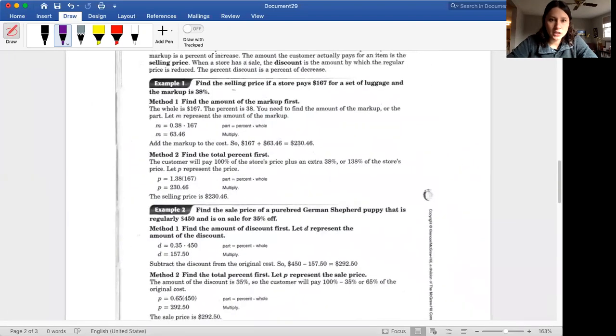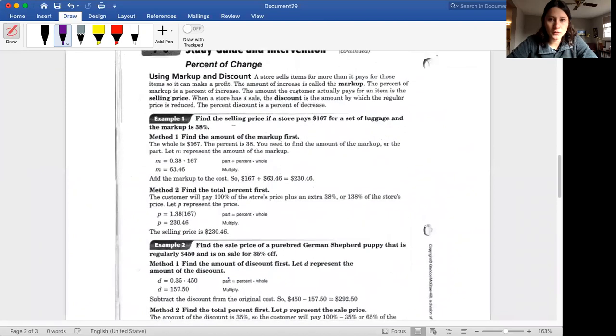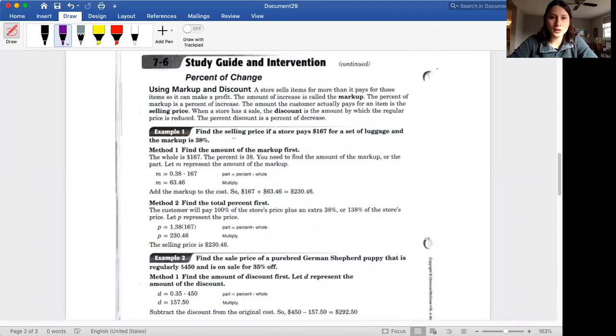Now looking at our word problems. When we buy and sell things, a lot of times when you go to a store and buy something, that store actually bought those items from another place, maybe a wholesale place, right? Where they buy in bulk, and then they sell it for a little more so that they can make a profit.